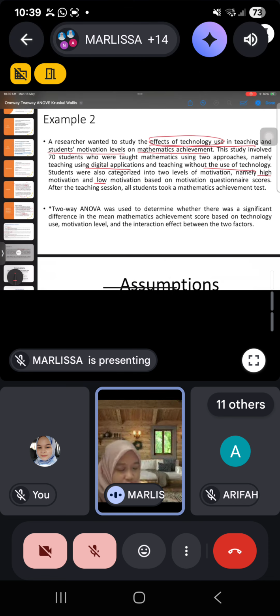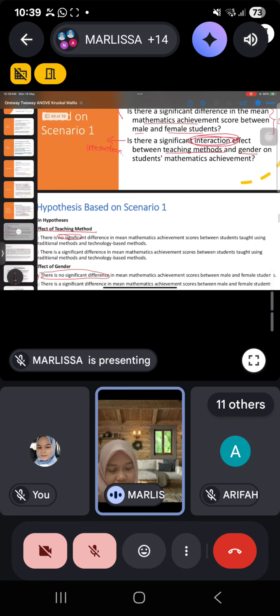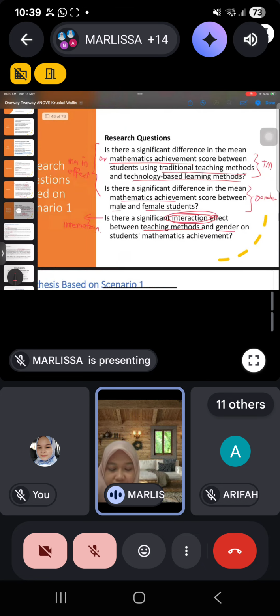All right. A proper research question should be, you can refer here: Is there a significant difference in the mean mathematics achievement score between students who are learning using technology and students who are not learning using technology? That would be the proper way to write the research question.